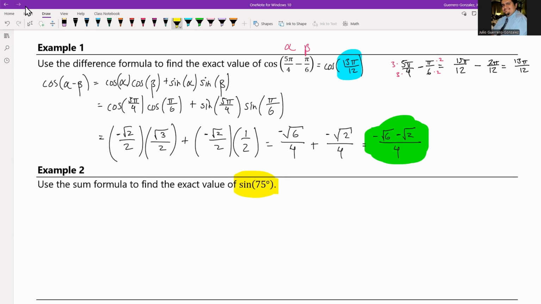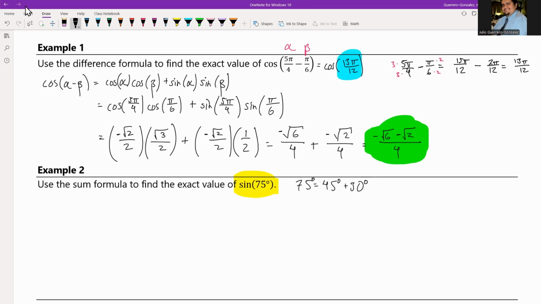So give me 2 angles that make up 75 degrees. I'll give you the answer for that. 75 is the same thing as 45 degrees plus 30 degrees. Done. So 75 degrees is not on my unit circle, but 45 degrees and 30 degrees is.